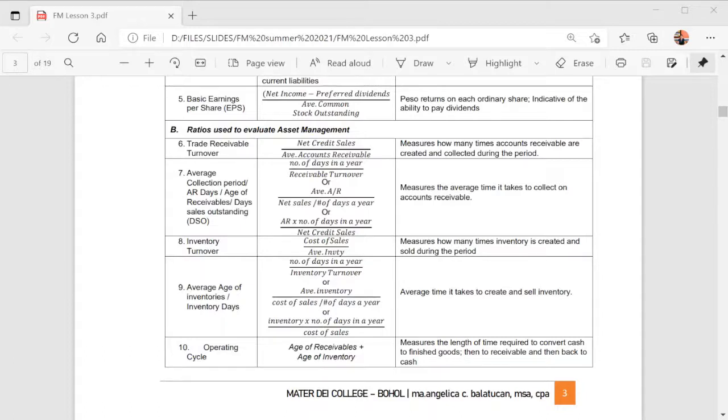So usually it's only one. So you try both if the problem is silent and multiple choice. Try 365 and also 360, because I have not encountered a case where it gives both answers in the choices, one based on average and one on ending. So just try both.